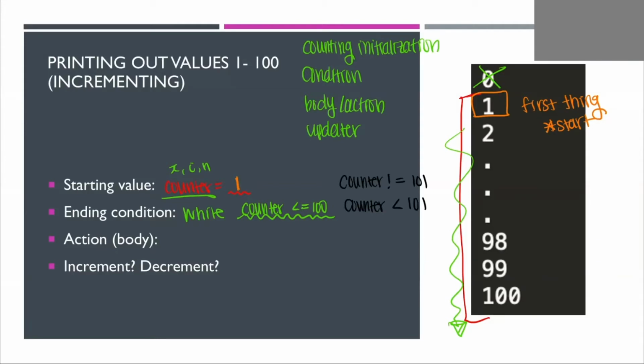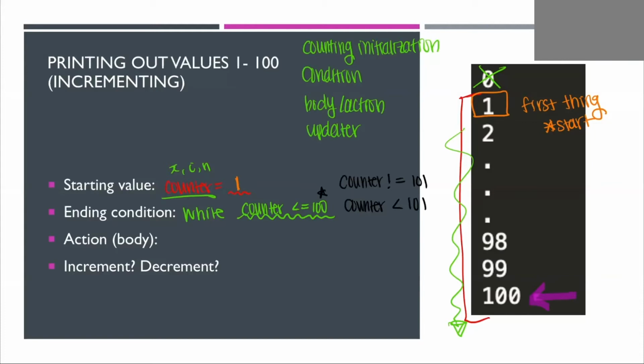There's a whole bunch of other ones, but I would say this one might be the most intuitive: while counter is less than or equal to 100. Because we know that we want our code to keep running until we get to 100. So while it's less than or equal to 100, you're going to perform a specific action.